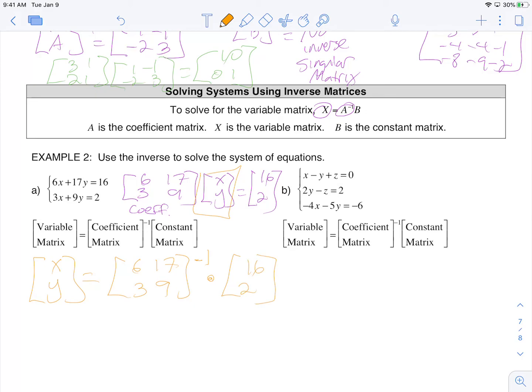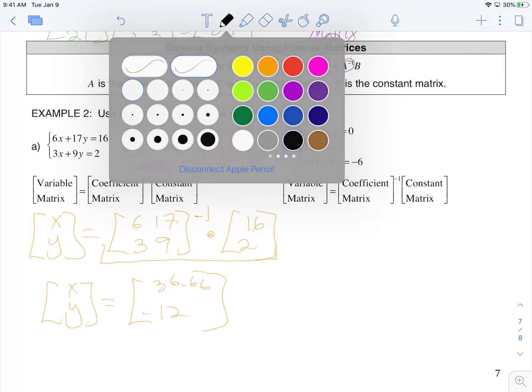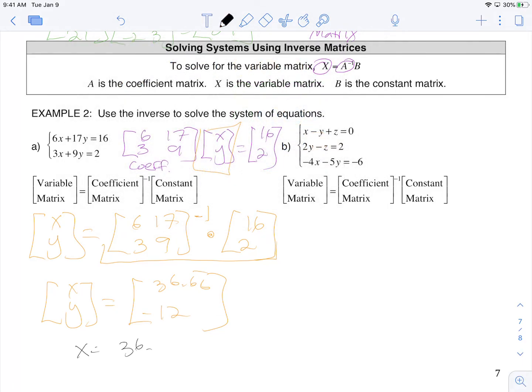And you could just put this entire thing in your calculator, and what you're going to get, again, it's not going to say xy, what you're going to get is a 2x1 matrix, 36.66 repeating, negative 12, and that just tells us that x equals 36.66 repeating, and y is equal to negative 12. And again, the nice thing about it is with these larger matrices, which are sometimes pretty tough to find by hand, so if you have this matrix in your back pocket, this is great.